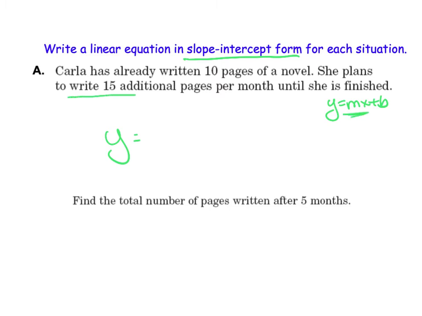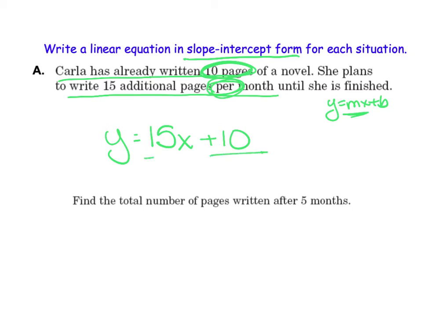She's writing 15 additional pages per month. That's our mover. So it's going to be 15x. She already has written 10 pages. That's her starting point, plus 10. There's our equation. Where did she start, and how much more did she write?